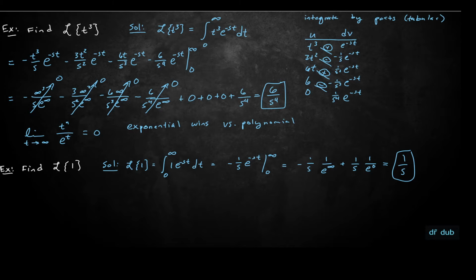Sorry, that's the Laplace transform of 1. Similarly, Laplace transform of c would be integral of 0 to infinity c times e to the negative st dt, and that would just turn out to be c over s.